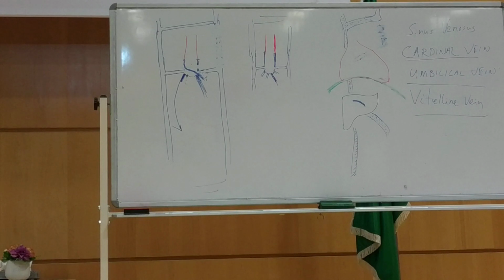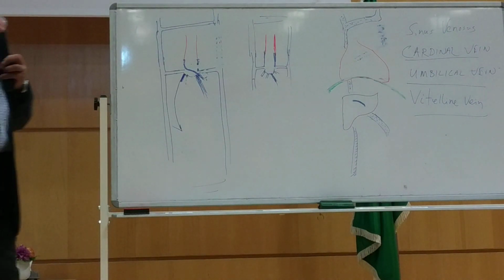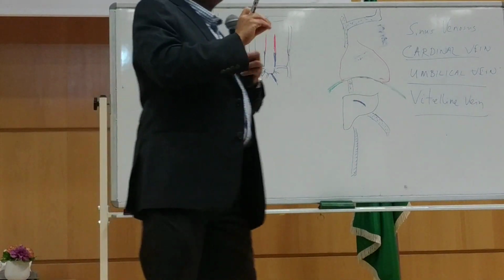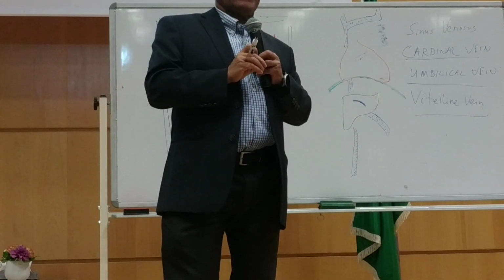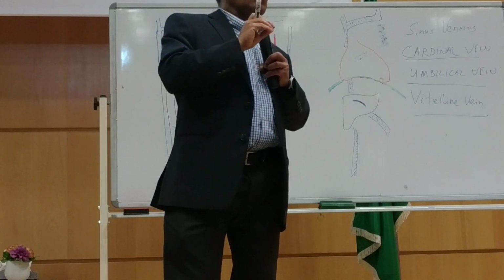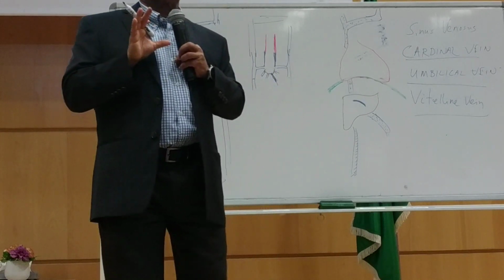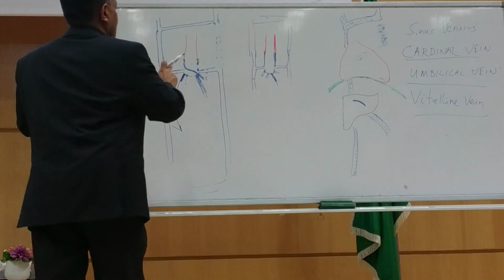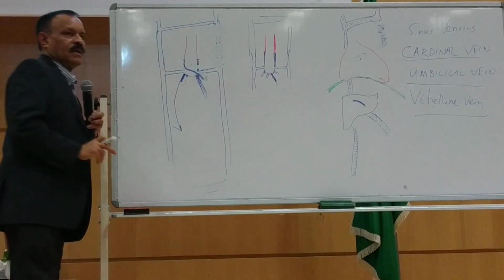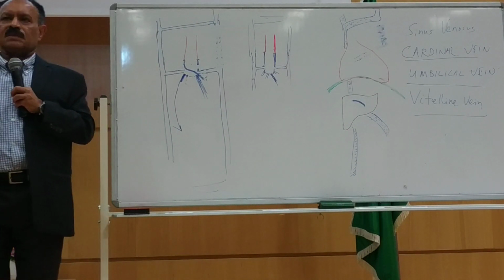So one more time, you have three veins attached to the sinus venosus: cardinal vein, vitelline vein, umbilical vein. Everything will disappear except a couple of places. The disappearance starts from the left side. Most of the left side disappears first.